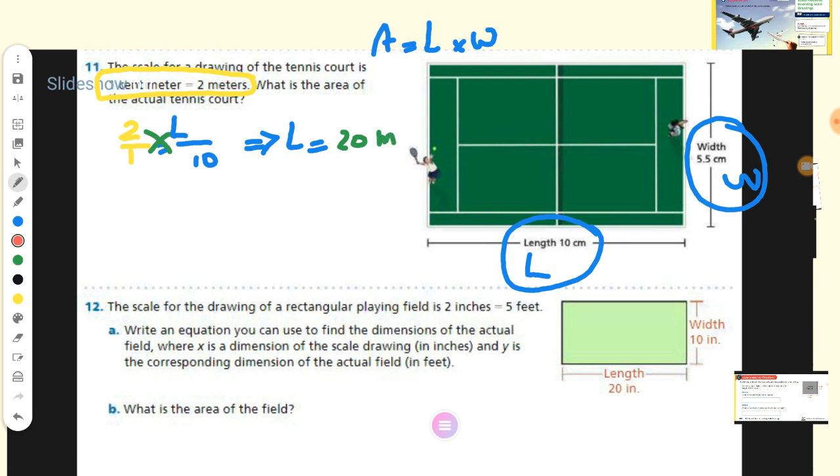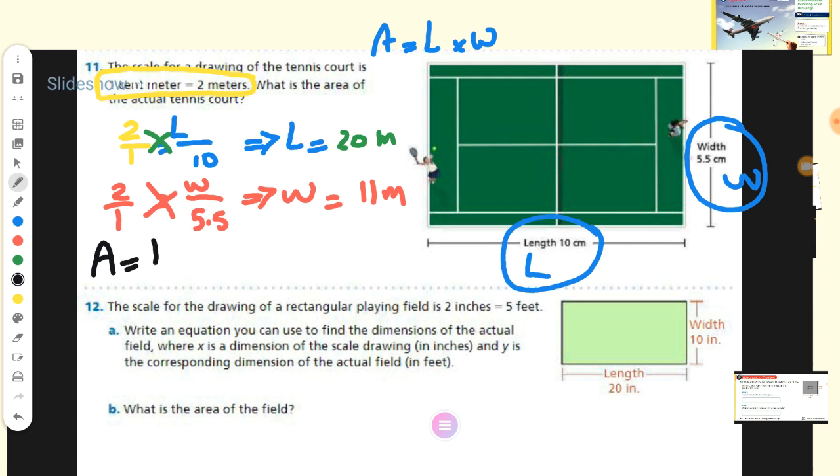And the width, the same: 2/1 equals W over the width, 5.5. Then the real, actual width equals 2 multiplied by 5.5, which is 11 meters. What about the area?